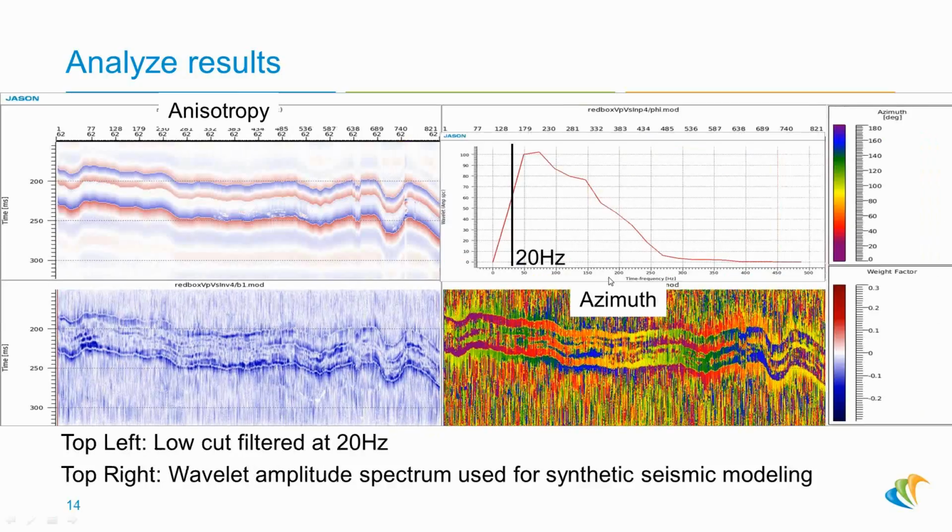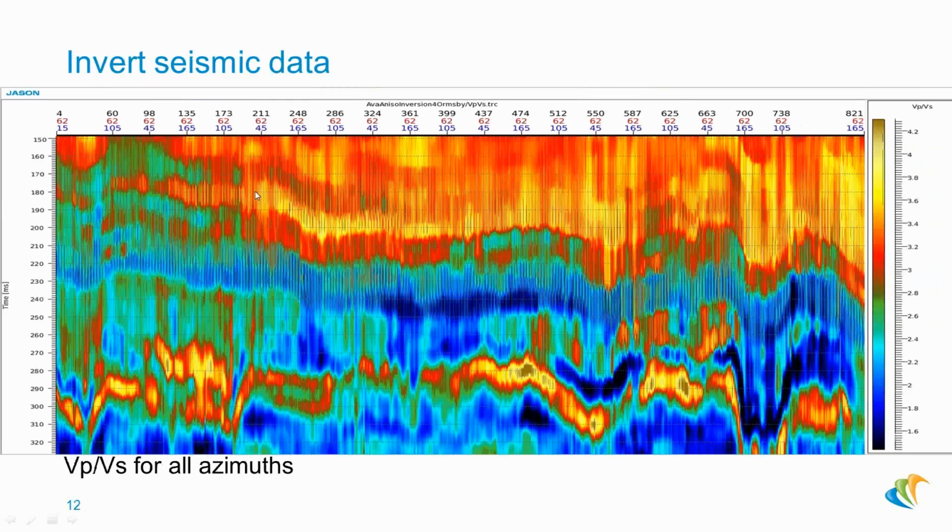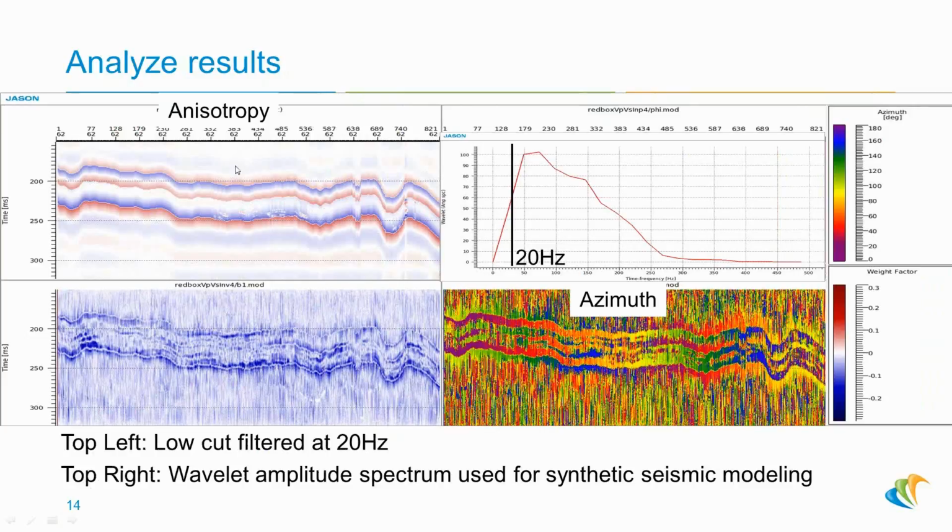Looking at the wavelet which we used, it was a wavelet which was typical for land with quite a high low frequency cutoff. The 6 dB down point is about 20 Hertz. So if we now put a low cut filter on the input data, which was in the previous slide, you can see that the picture changes quite a bit, and it looks quite a lot like what we are getting out of our inversion.